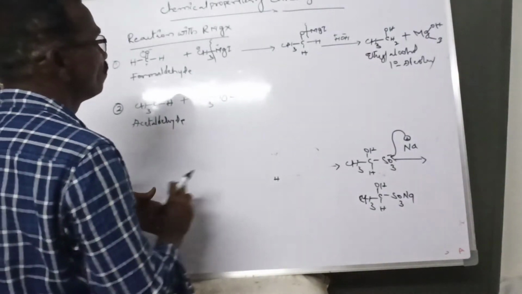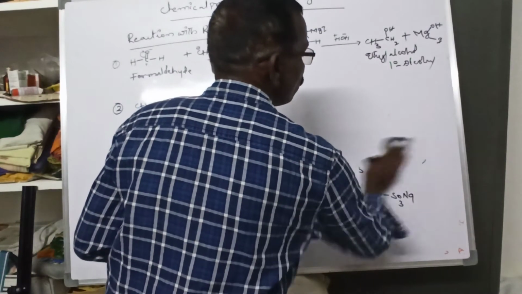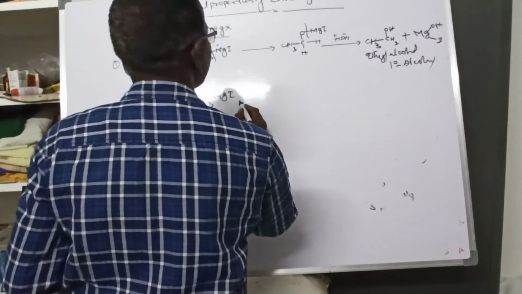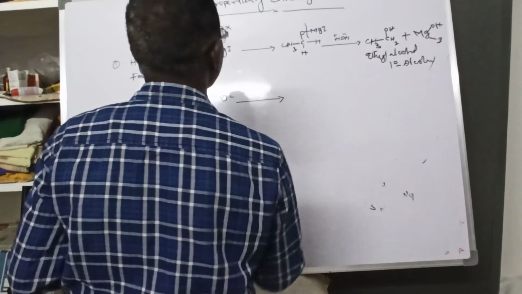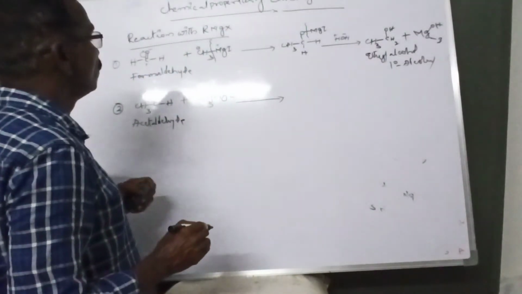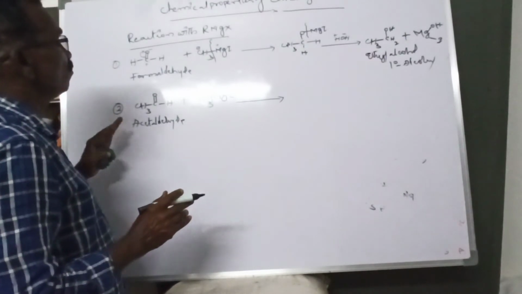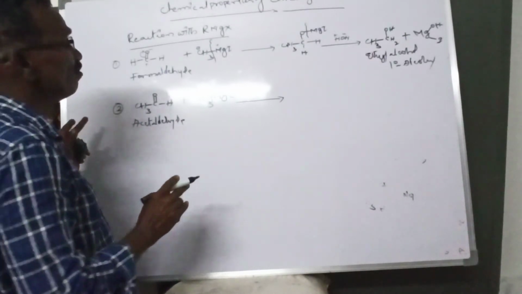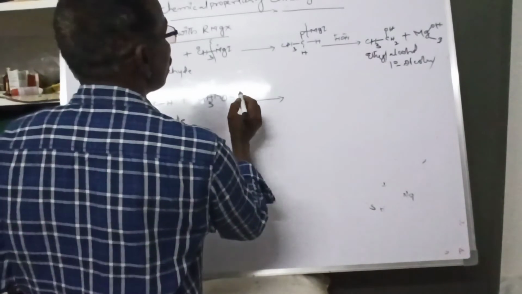Here also, in the carbonyl functional group, first two charged ions are formed, and in the Grignard reagent also positive and negative charged ions are formed. The positive charge adds to the negative charged atom, and the negative charge adds to the positive charged carbon.